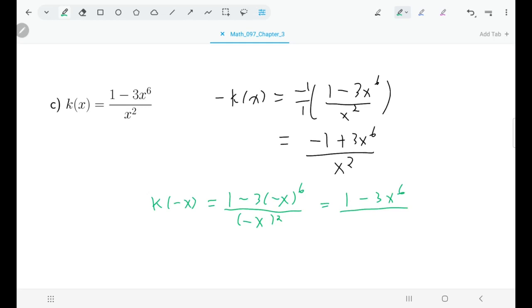So I'd have 1 minus 3 times x to the 6. And negative x, when I square it, gives me positive x squared. And I can see that I've got my original function back. I can see that k of negative x is the same thing as my original function k of x, which means that k is even. So whatever the graph of this function looks like, I know that it's going to be symmetric around the y-axis.